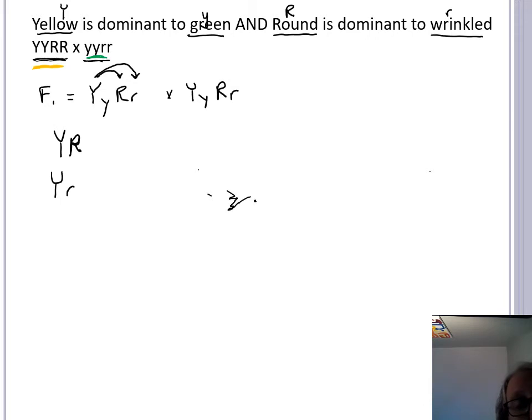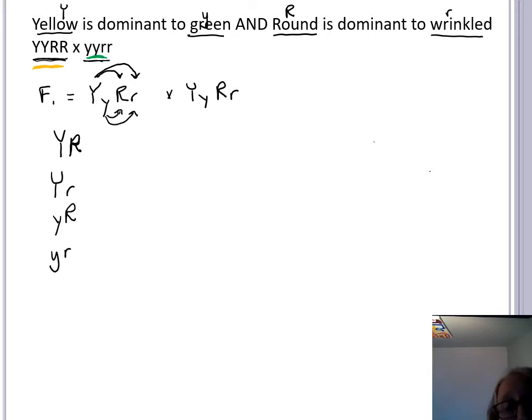Likewise, you have the possibility of getting little y, big R, or little y, little r. So this individual right here can make this whole large possibilities of gametes because of independent assortment.